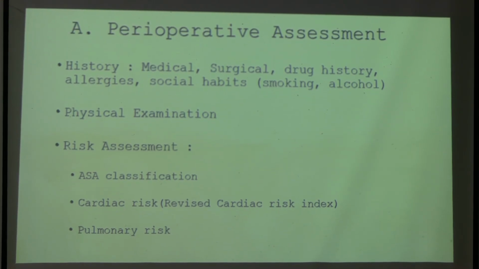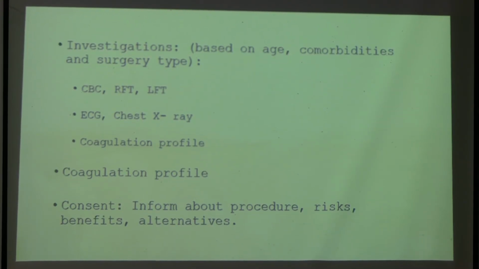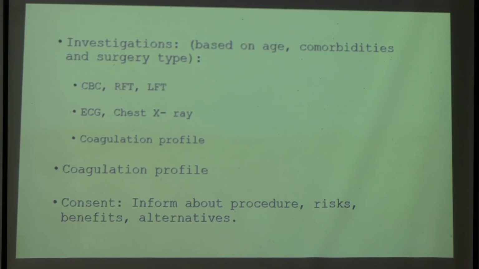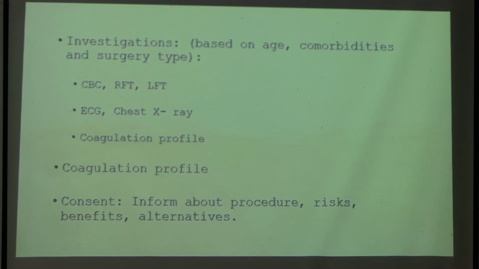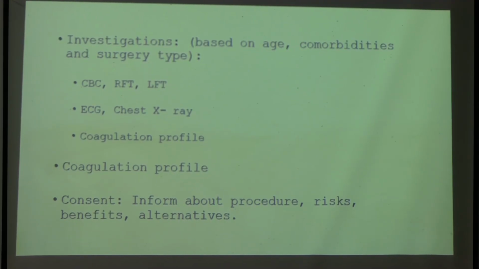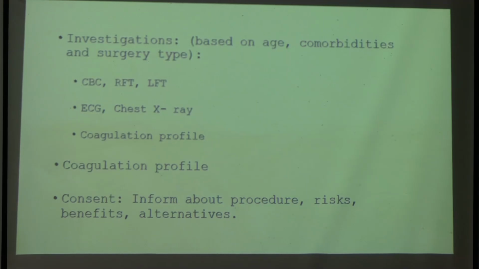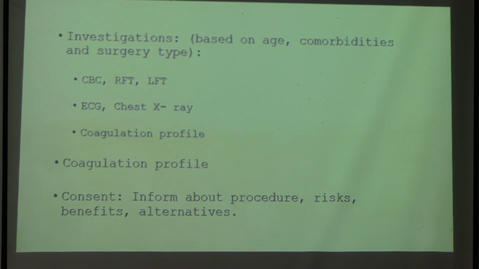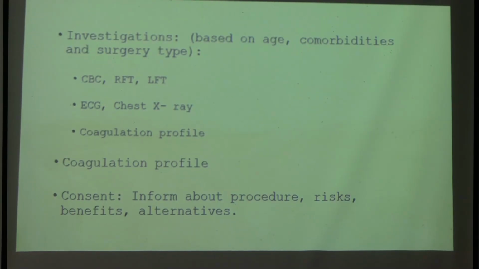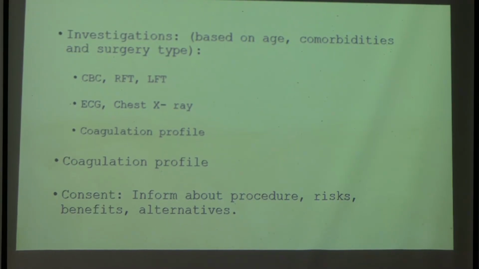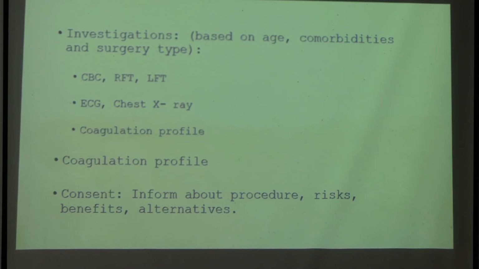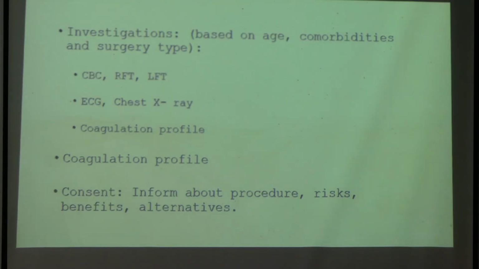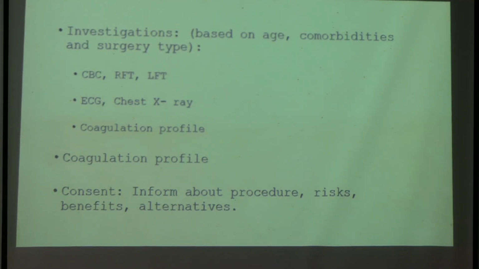Then investigations. The investigations are based on the age of the patient, any comorbidities the patient is having, or any earlier surgeries. The investigations like CBC, complete blood count, then respiratory function test, then LFT, liver function test, then ECG, X-ray chest, then coagulation profile, like platelet count and BT, CT.